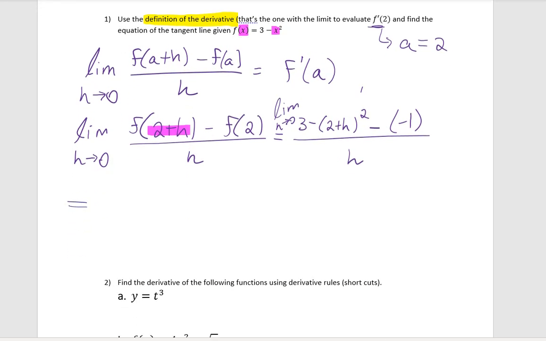Alright, now if I expand this out, I'm going to get the limit as h approaches 0 of 3 minus 4 minus 4h minus h squared, let's see, plus 1, all divided by h.